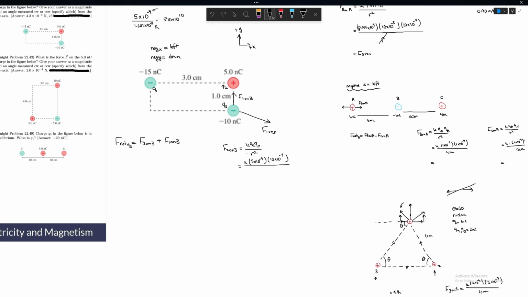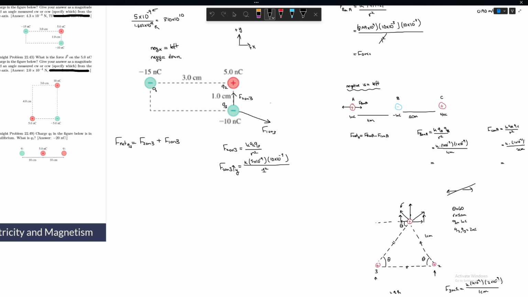My distance r is 1, squared. Everything is in centimeters, so far so good. This force will be straight up, with no x component, so this is our y. This is my F2 on 3 in the y upwards, and that's my first force.